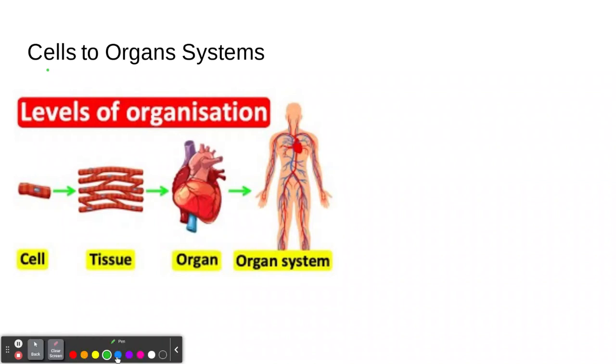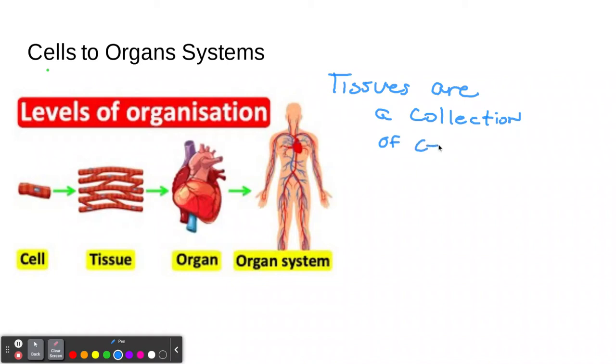Tissues are a collection of cells. And blood, remember, has red blood cells, white blood cells, and also platelets. So they're specialized cells.